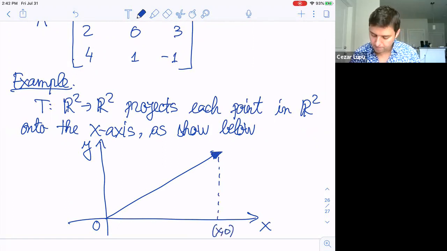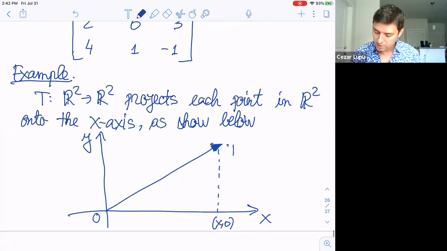So this will be x, 0, and the map is T of x, y equals x, 0, right?